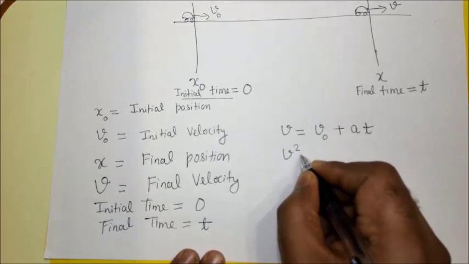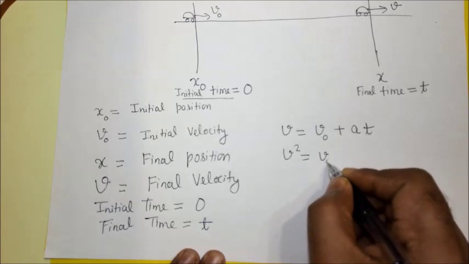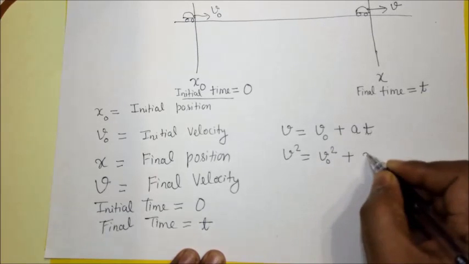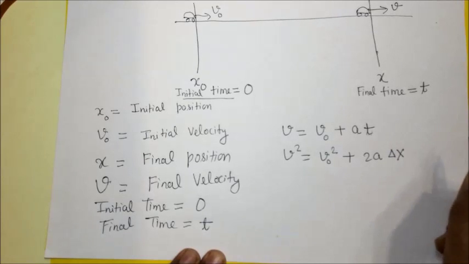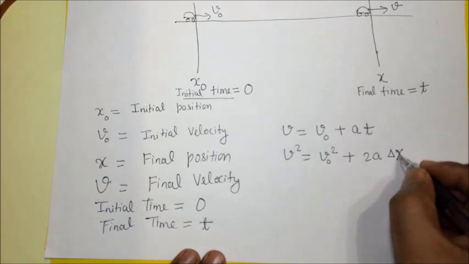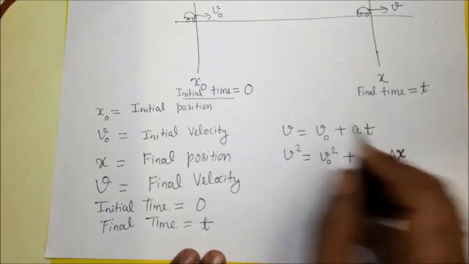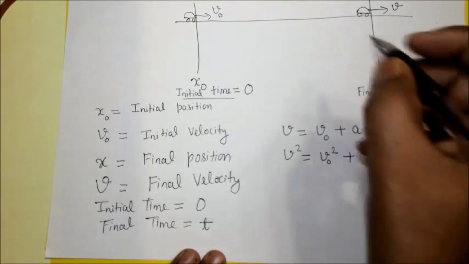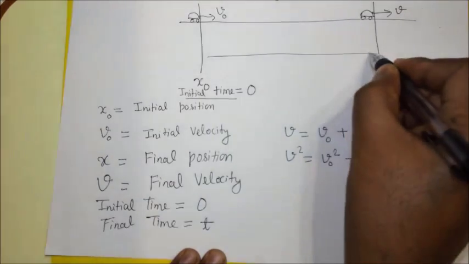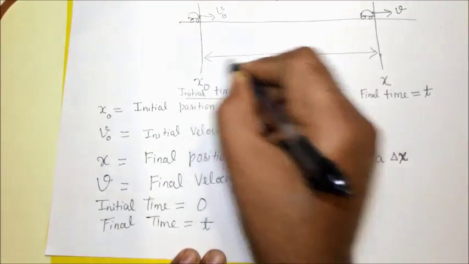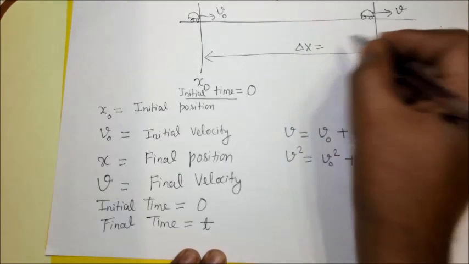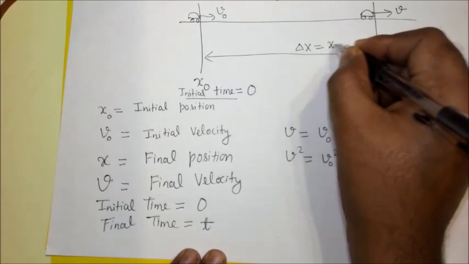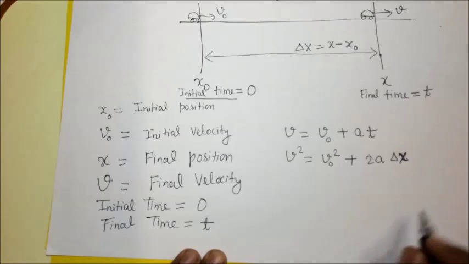Final velocity squared is equal to initial velocity squared plus 2a times delta x. What is delta x? Delta x means final x minus initial x.